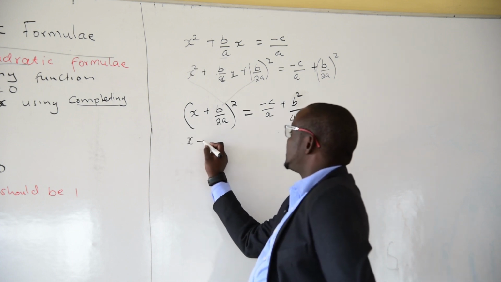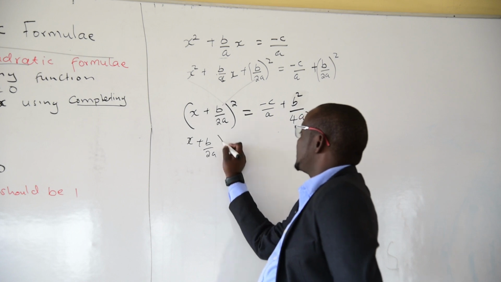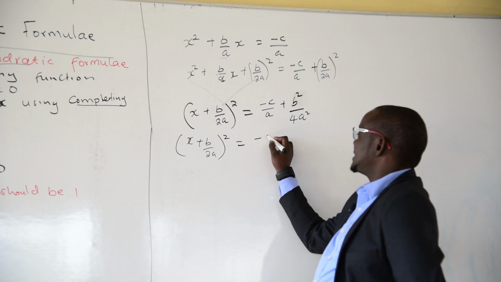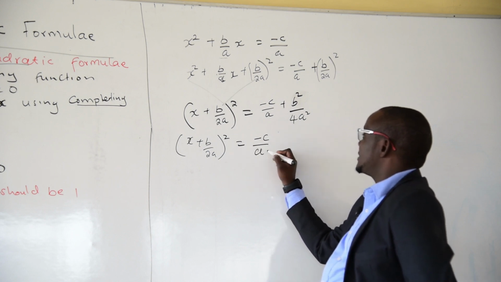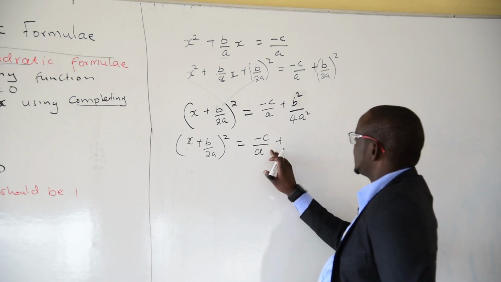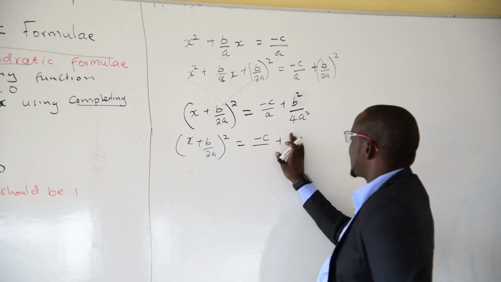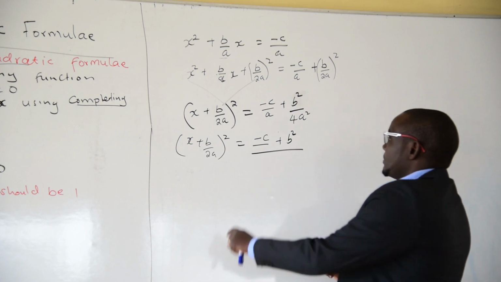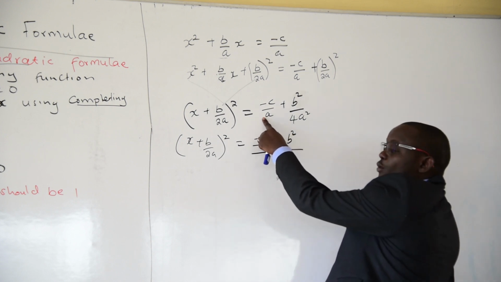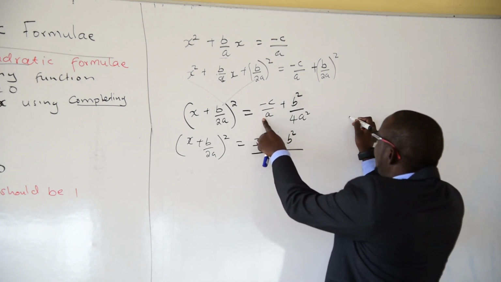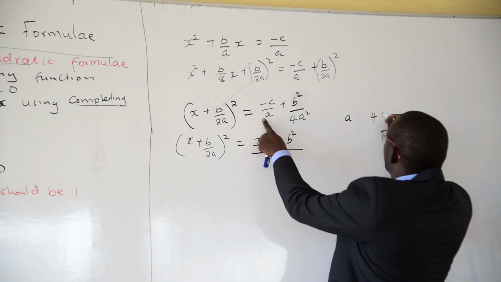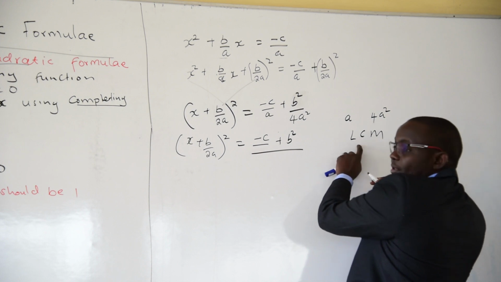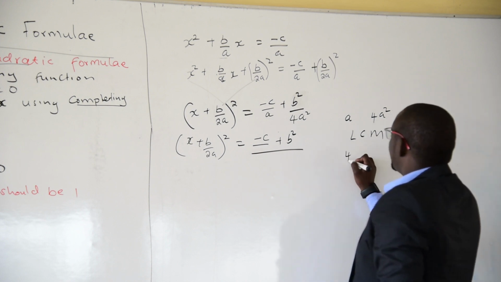So I have x plus b over 2a, squared, equals minus c over a plus b squared over 4a squared. To make a common denominator, I look for the LCM, the least common multiple, of a and 4a squared. That will be 4a squared, so I multiply the top and bottom of the first term by 4a.